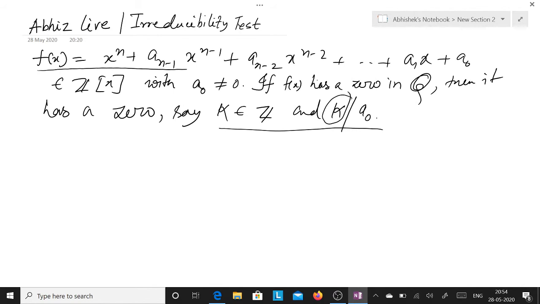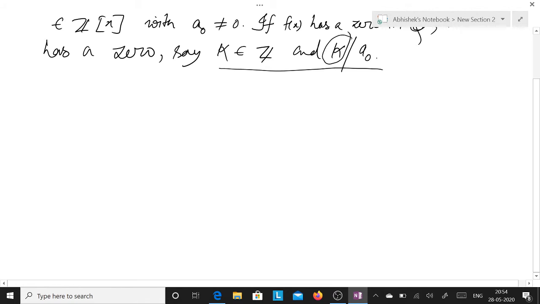So today I would like to put light on another famous test of irreducibility over the field of rationals, although this test can be extended to any integral domain and over its field of quotients. This test is named after Eisenstein.